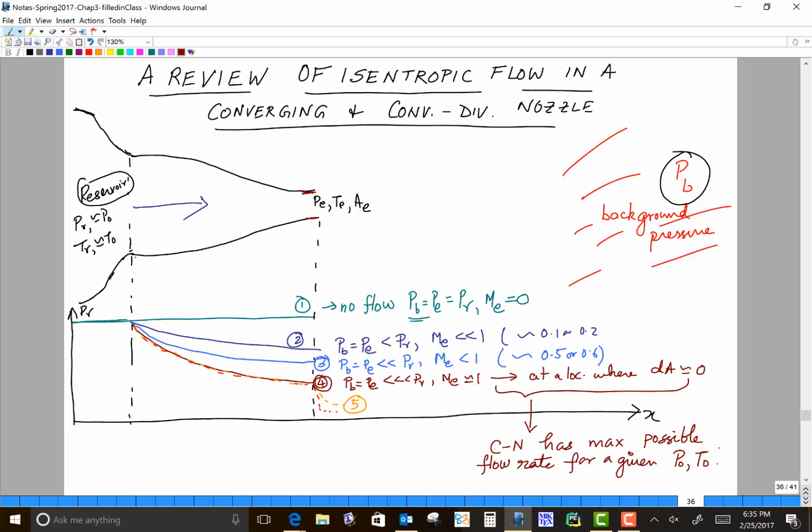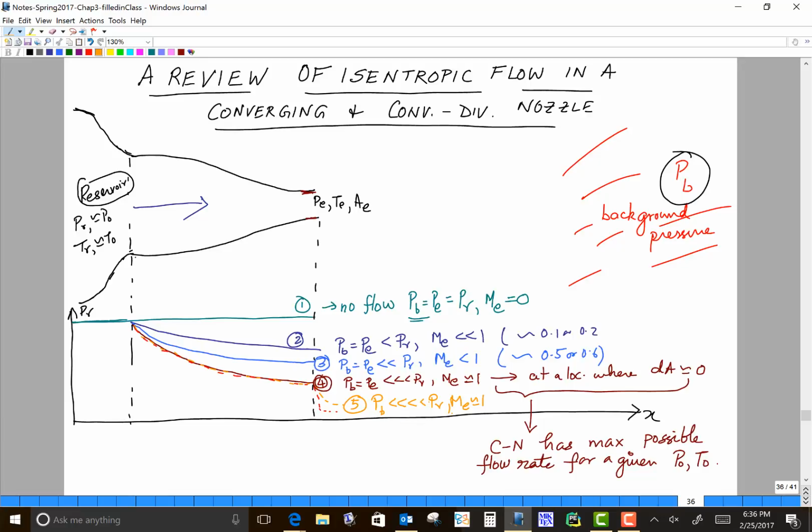Now what happens if I reduce my PB further? So my PB is, say, lesser than PR, then in this case my exit Mach number will still be equal to 1, right? Because the exit Mach number can achieve only a maximum value of 1 in a converging nozzle. It cannot go beyond 1, which means my ME is still going to be nearly 1.